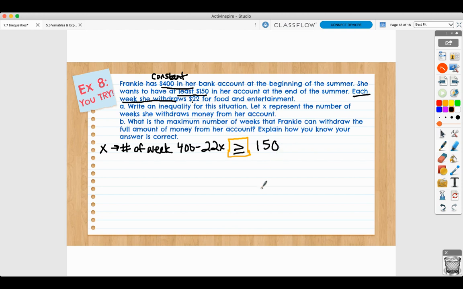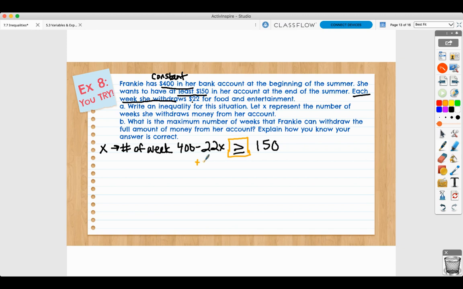If she has $100 at the end of the summer, that's not fulfilling this inequality. So that's why this has to be greater than whatever she has left. Whatever she spends in the summer has to be less than what she has, okay? So now let's solve this inequality to see if it makes sense.